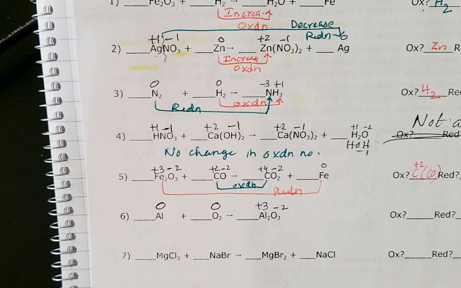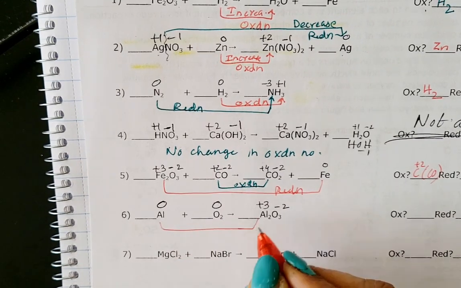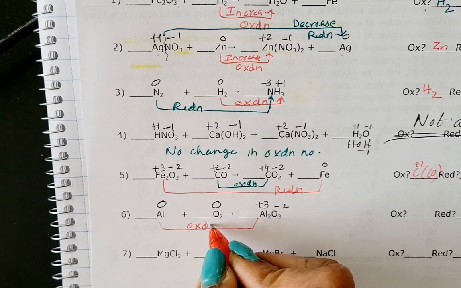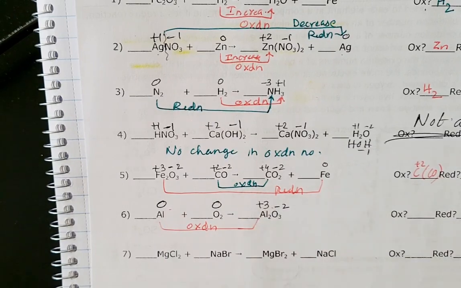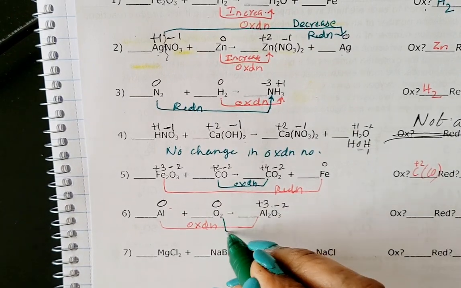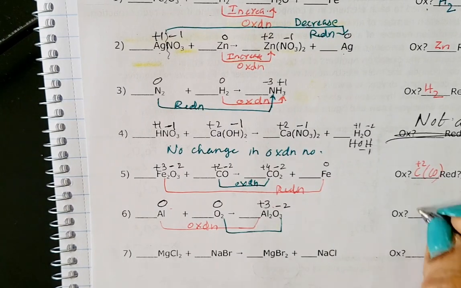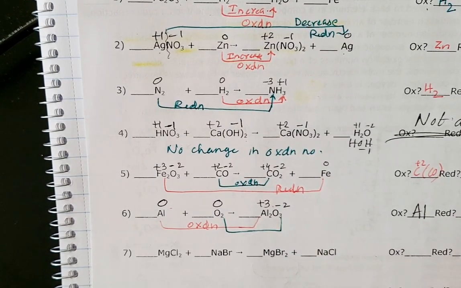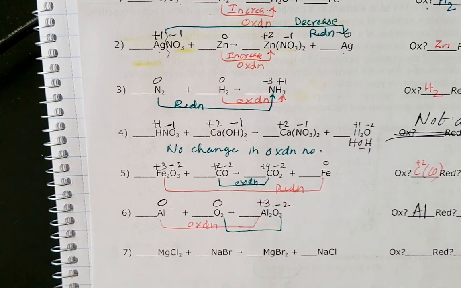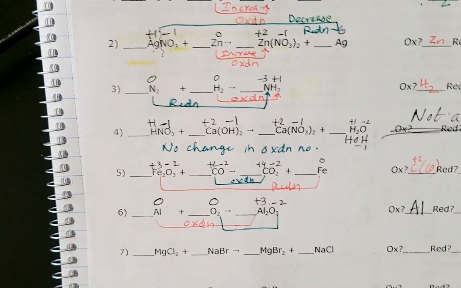So which undergoes oxidation? Aluminum undergoes oxidation because the number increased from 0 to 3. And which undergoes reduction? Oxygen. Okay, go ahead and write that. Aluminum oxidation, oxygen reduction. Good?